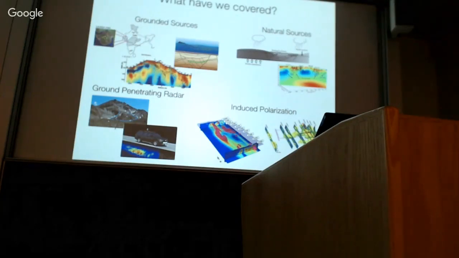That was time domain. Natural sources, we had an example for Iceland. Ground penetrating radar, a few examples, and then this localized GPR. And induced polarization, back to the mineral deposit. So we've touched on everything and seen that full spectrum of things.